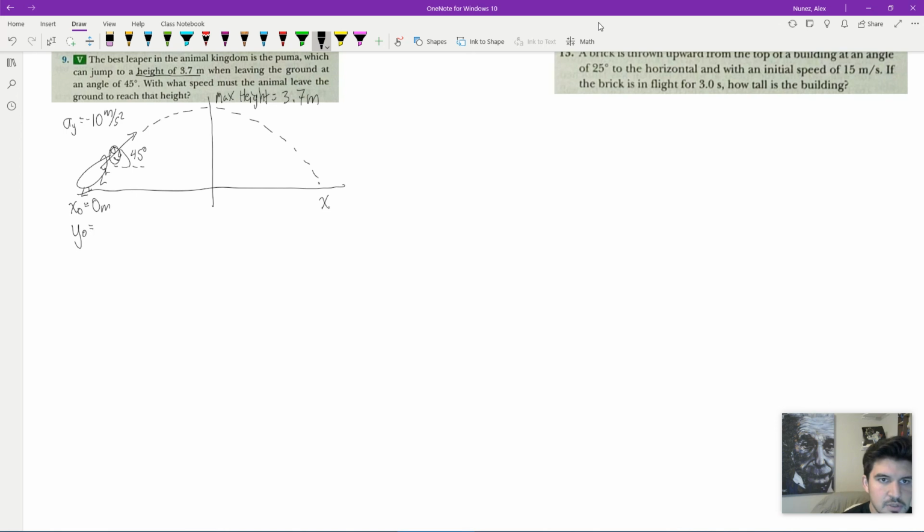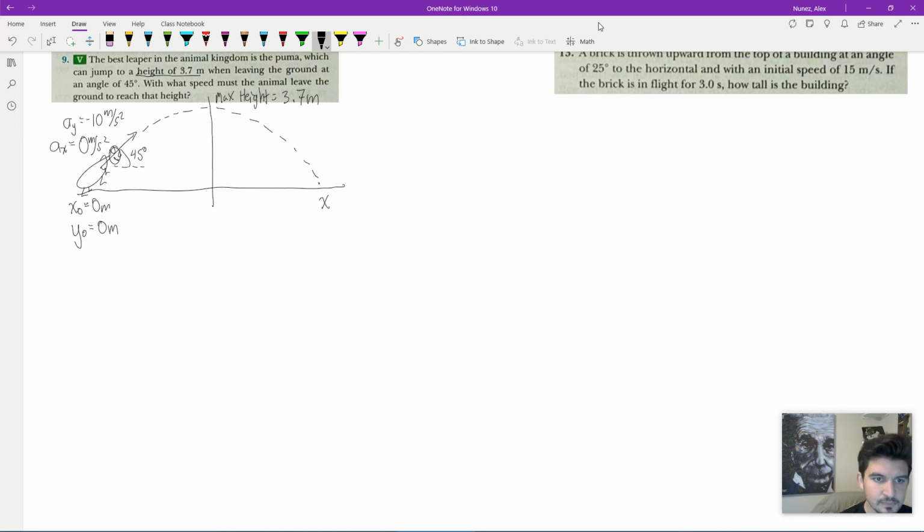And because we're assuming it's on the ground, we can assume its initial vertical position is also 0 meters. Notice here I'm using a y to dictate that this is the vertical acceleration. But like we talked about in class today, its horizontal acceleration is going to stay 0 meters per second squared.